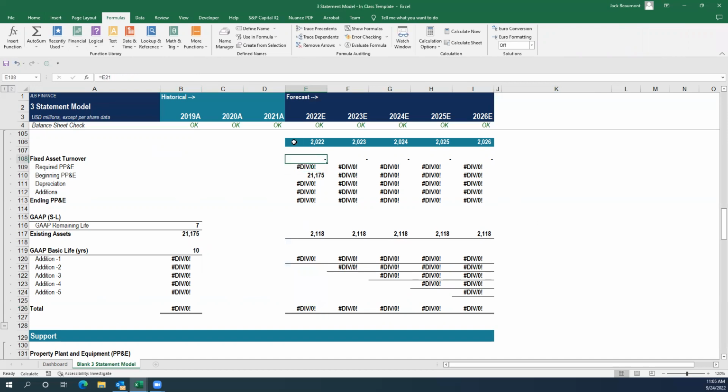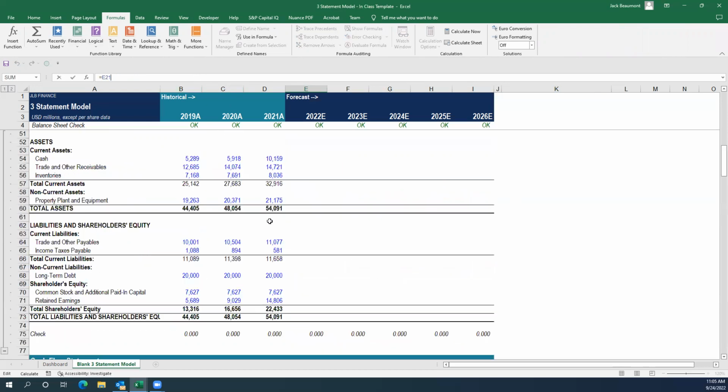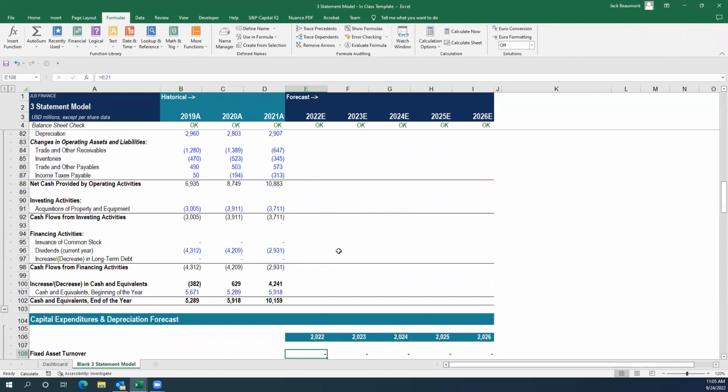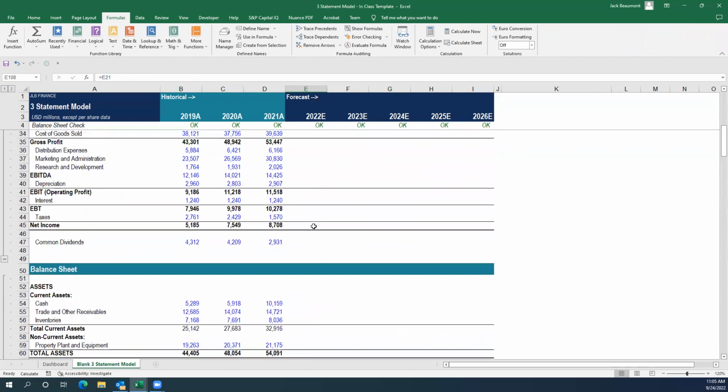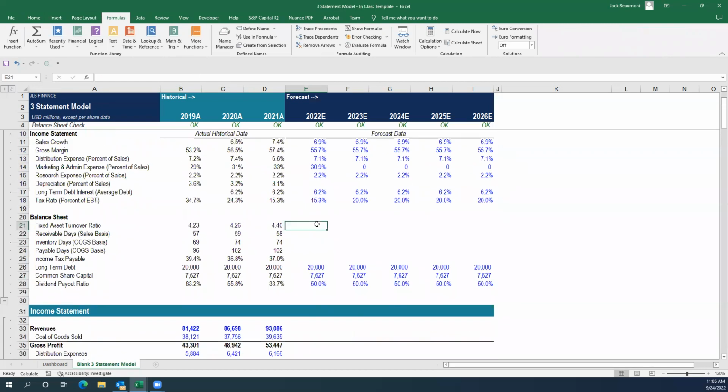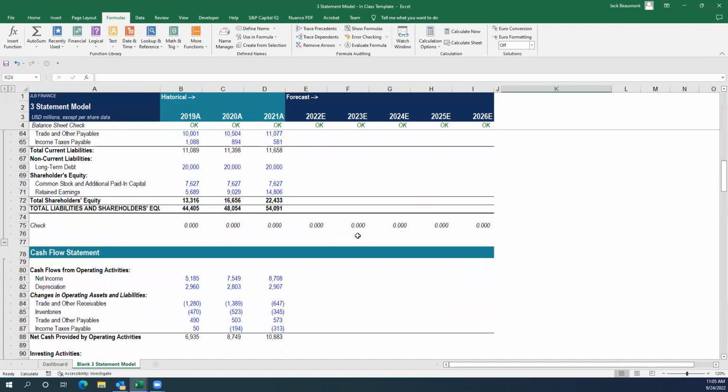Okay, let's see what fixed asset turnover. So, okay, we don't have anything referenced up here. That's fine. Okay. So we've got these here. Let's go average of these. Okay. And then we'll copy that across. Okay, so now let's hope this works.